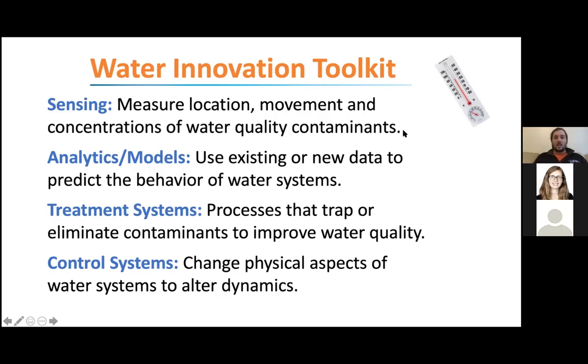A thermometer allows us to measure the temperature at a given location. So it's a really good allegory for what a water quality sensor out in the environment might do. It lets us know what the levels of various contaminants are at a given location. Sensing could also look like, in the weather system, those overhead satellite cameras of hurricanes, right?